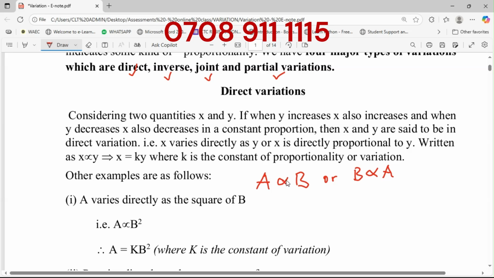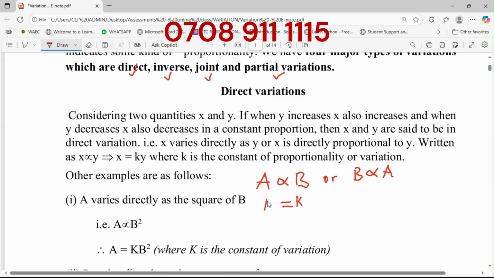Whenever you have to change this proportionality sign to an equality sign, you have to introduce what is called a constant of proportionality. Usually in mathematics we use K to represent the constant of proportionality.